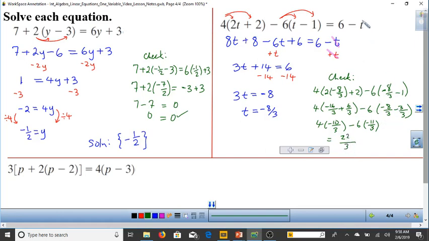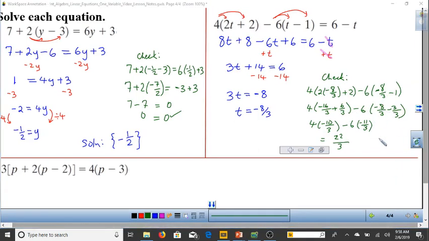Now on the right side, we have 6 over 1 minus negative 8 over 3. I'll write that 6 over 1 as 18 over 3 plus 8 over 3. And it seems we have a different answer here.